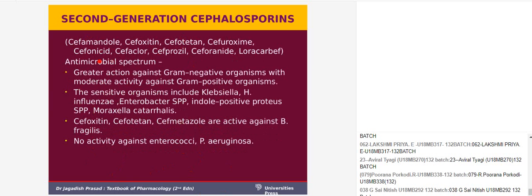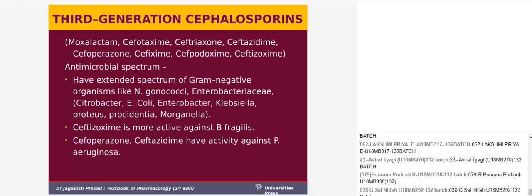The second generation has greater action against gram negative organisms with moderate activity against gram positive organisms. Sensitive organisms include Klebsiella, influenzae, Enterobacter species, indole-positive Proteus, Moraxella, and Catarrhalis, with no activity against enterococci and aeruginosa.